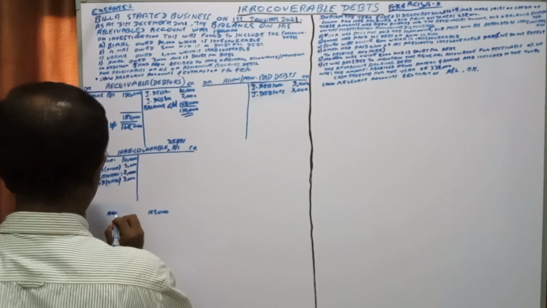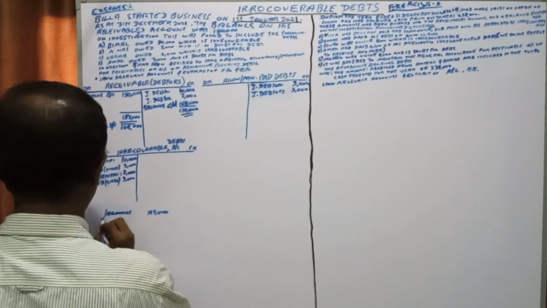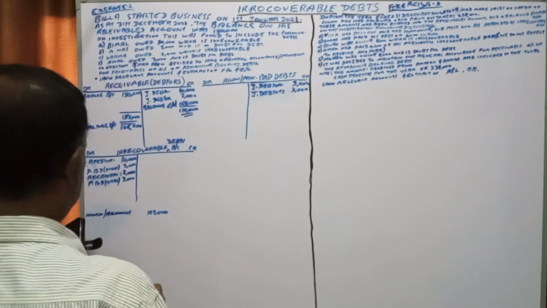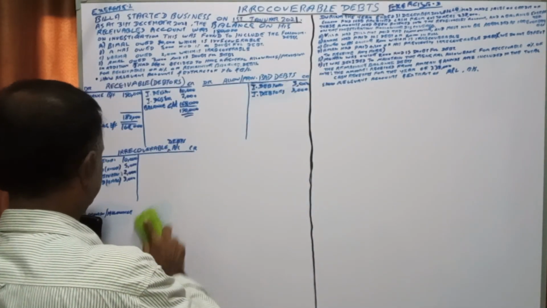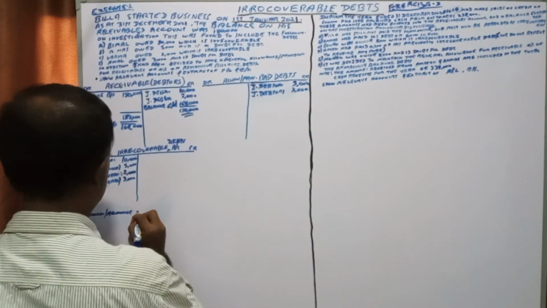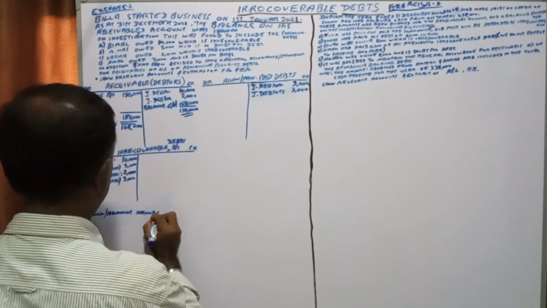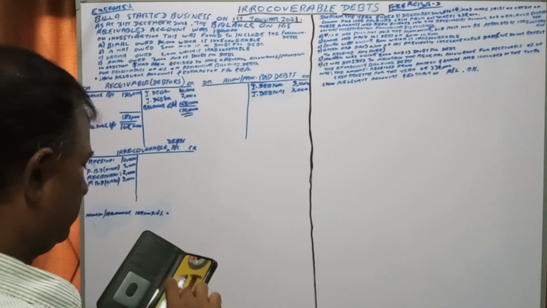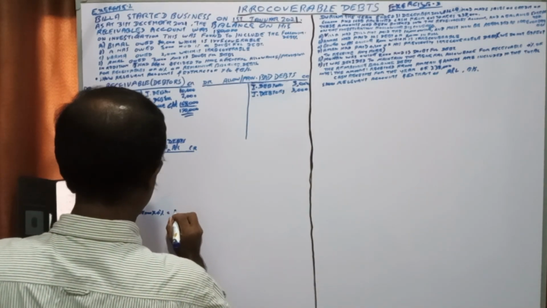The carried down balance now is 168,000 into 4%, that means 6,720.